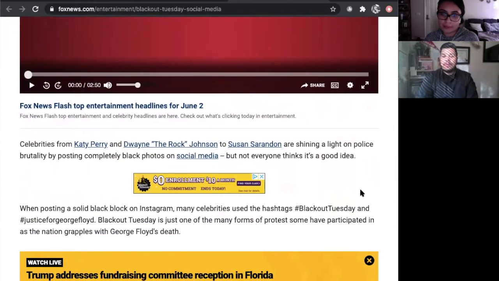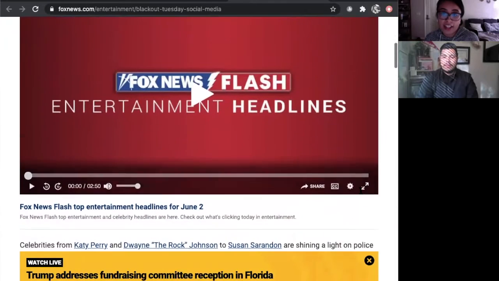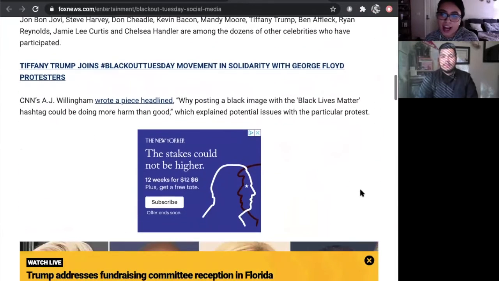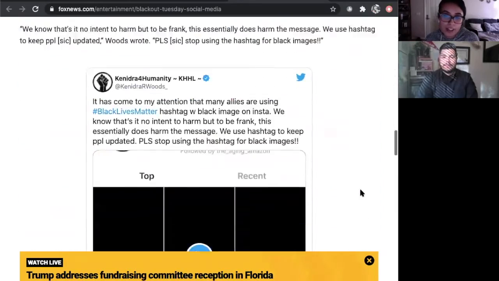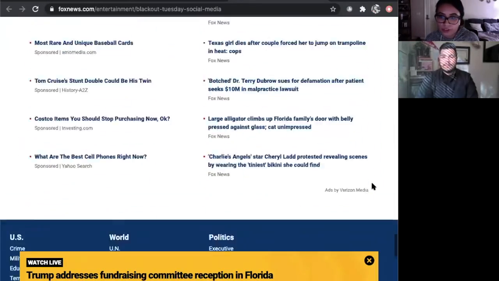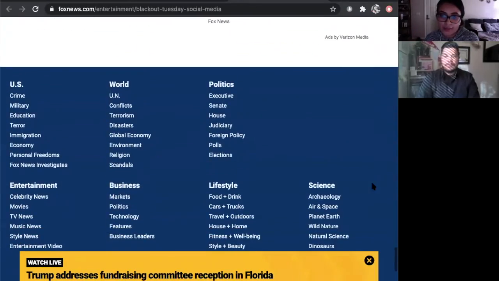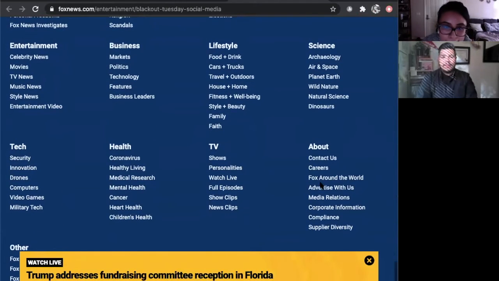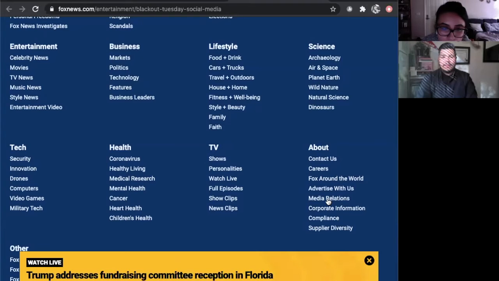Why don't we check out their mission statement? Definitely, good idea. Usually, websites have their about section at the bottom or the top. So scroll, scroll, scroll. Okay, they have the about area right here. I don't think these quite hit it. Maybe corporate information.